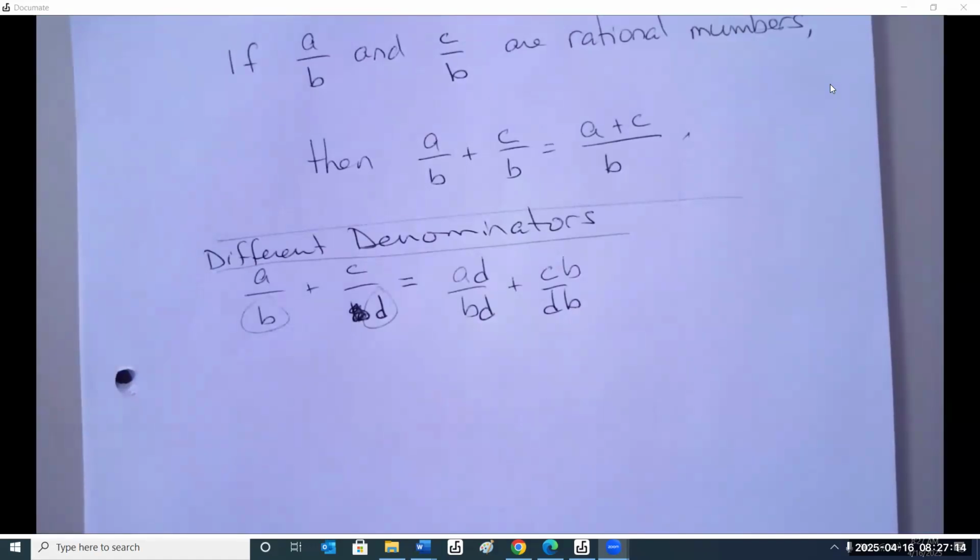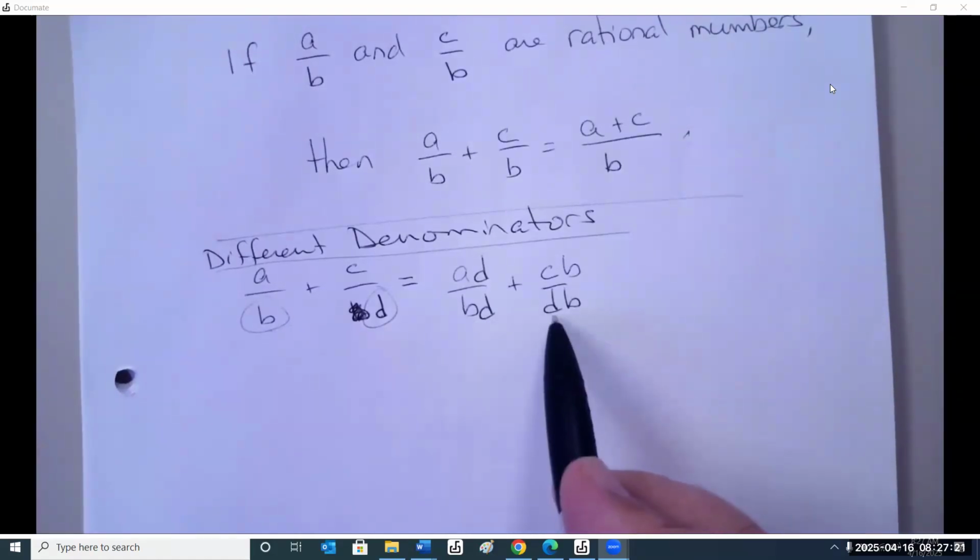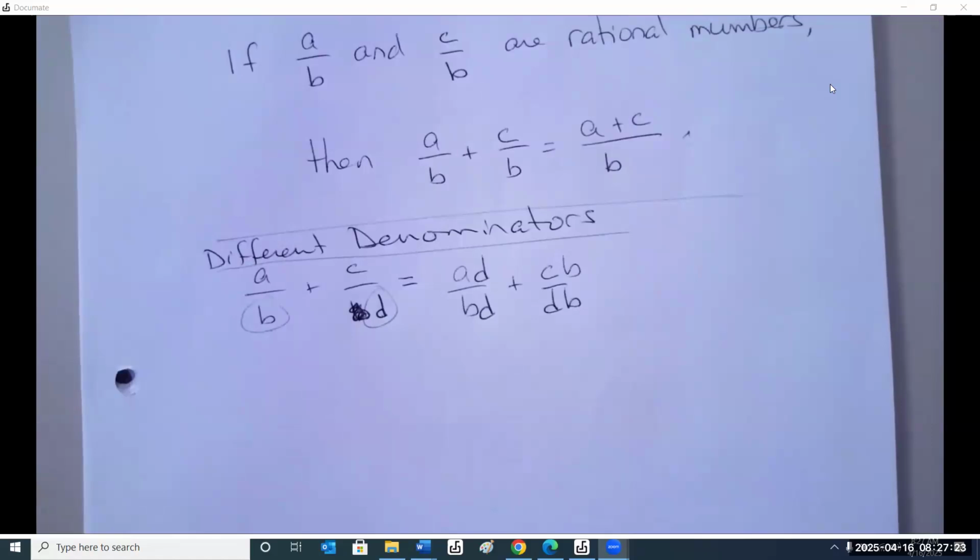Are they the same denominators? Why? This is BD, this is DB. So what proof tells me that's the same number? You have to use a property.